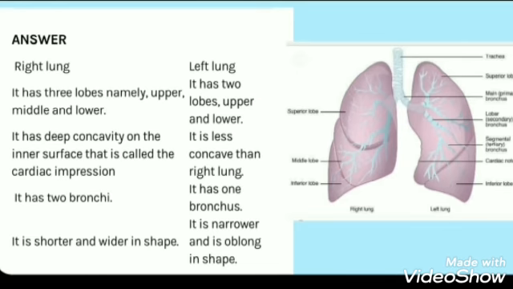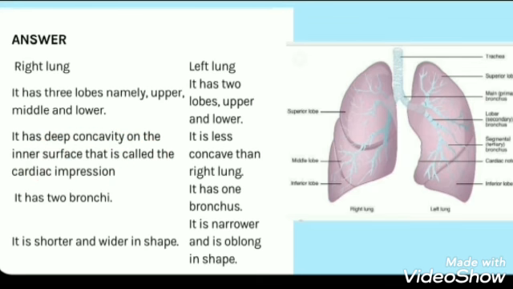The left lung has only one fissure, the oblique fissure, dividing it into an upper lobe and a lower lobe. Now, the diagram says the right lung has a deep concavity on the inner surface called the cardiac impression. It is written wrong here, because the cardiac impression is present on the left lung.